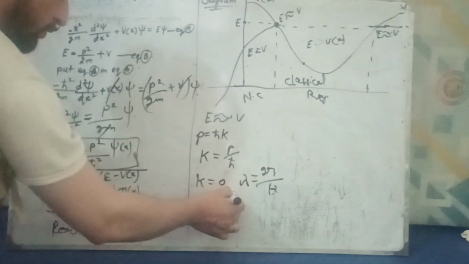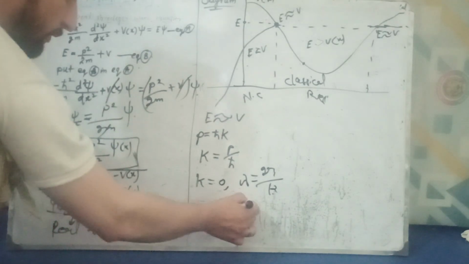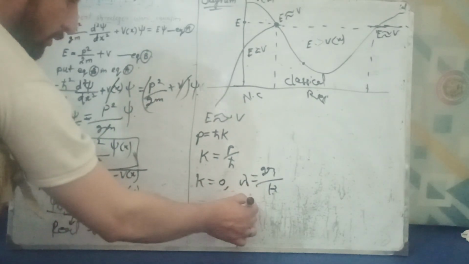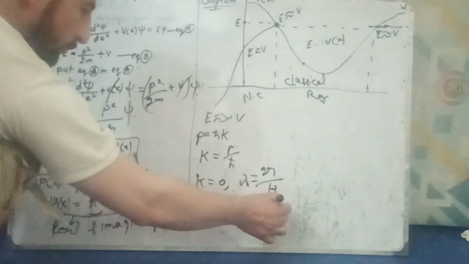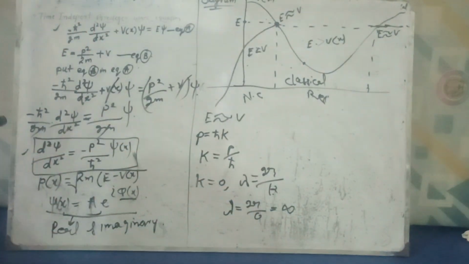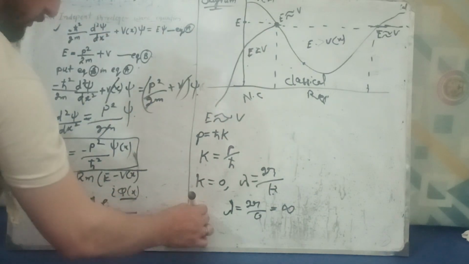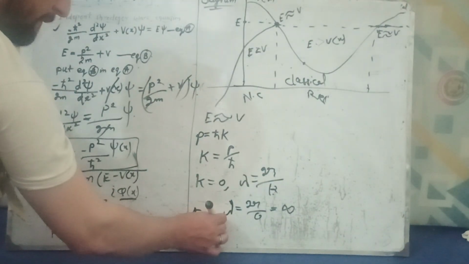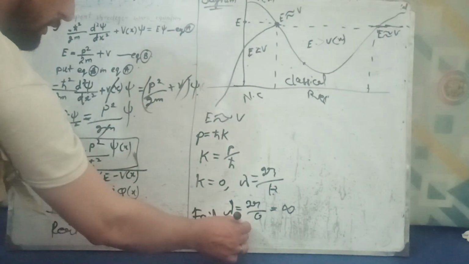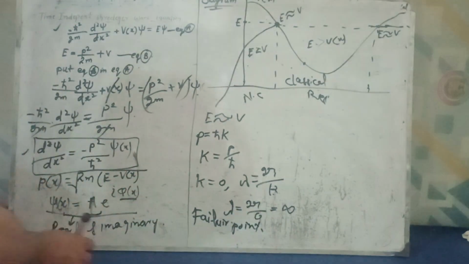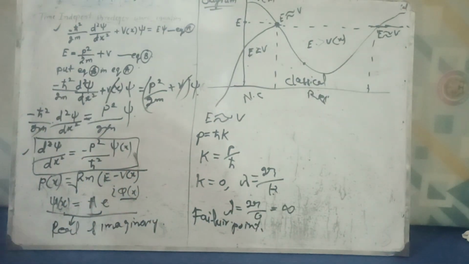If k is equal to 0, the de Broglie wavelength will be 2 pi divided by 0, and this will be infinity, which is impossible. So this point is called the failure point in the WKB approximation method.